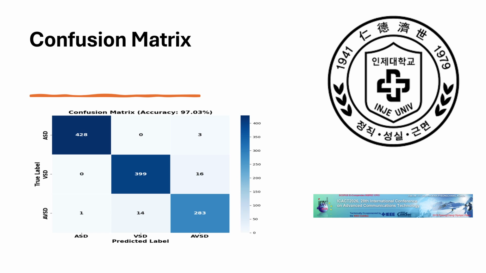The model classifies CHD with an overall accuracy of 97.03 across the three classes. True positives are high for ASD at 428, VSD at 339, and AVSD at 283, while misclassification is minimal. For example, 16 VSD cases were predicted as AVSD and 14 AVSD cases were predicted as VSD.